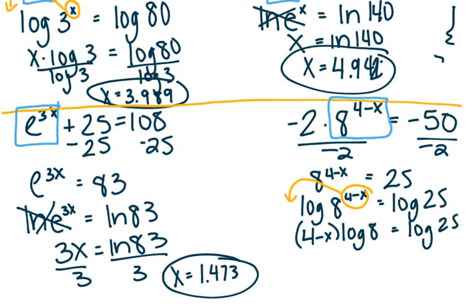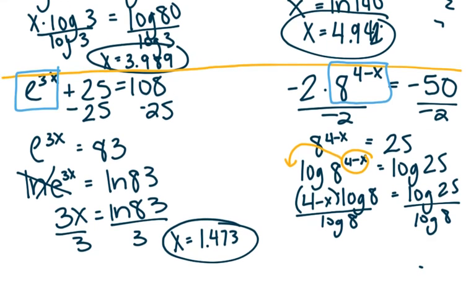Alright, so if I want to get rid of that log 8, remember it's being multiplied, I can divide both sides by log 8. So I have 4 minus x equals log 25 divided by log 8. I'm going to go ahead and put that in my calculator just to make it easier. So I get 4.58.